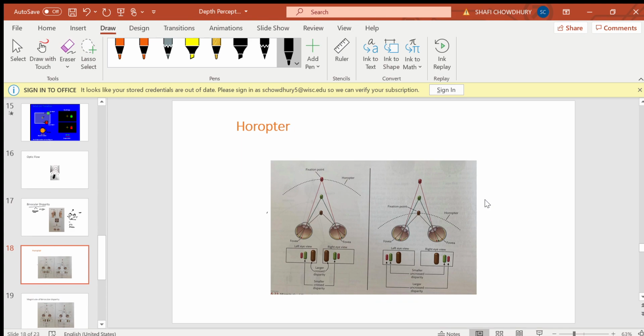Horopter. The term horopter is the plane. You see the dotted line here. This is the horopter.